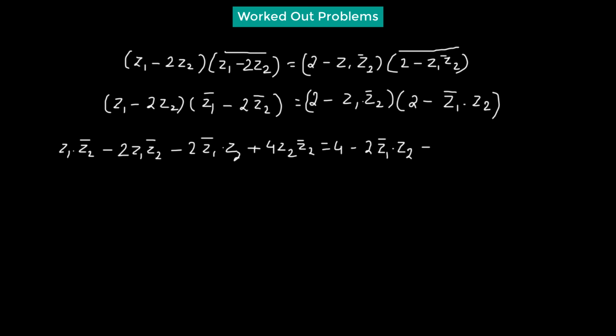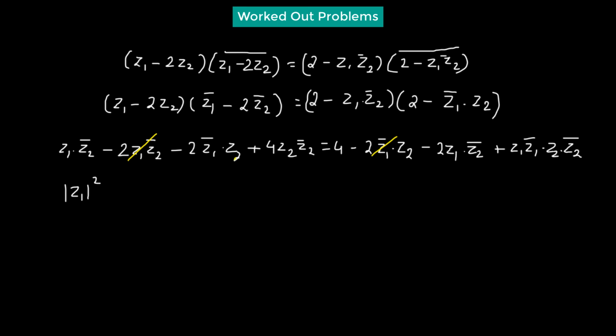Then we have minus 2 z1 multiplied to z2 conjugate, and plus z1 times z1 conjugate times z2 times z2 conjugate. Now we know that a complex number multiplied to its conjugate is the absolute value of the complex number squared. So that's here. We can also see that we can factor out negative 2 z1 times z2 conjugate from both the left hand side and the right hand side.